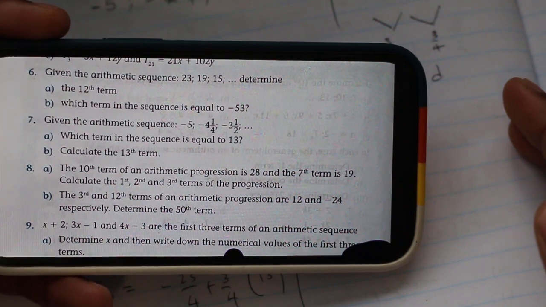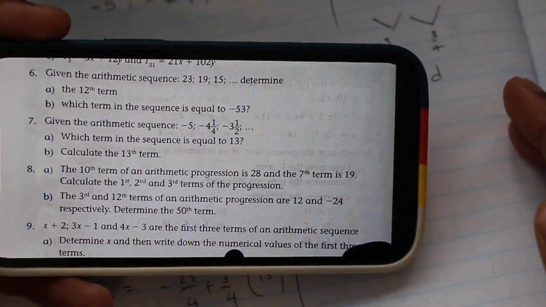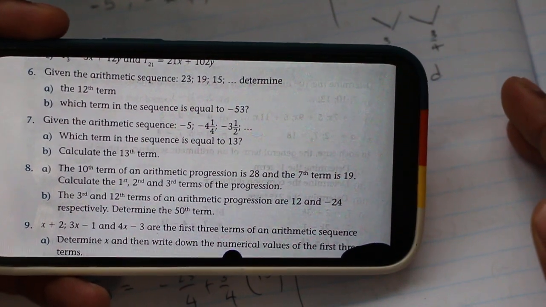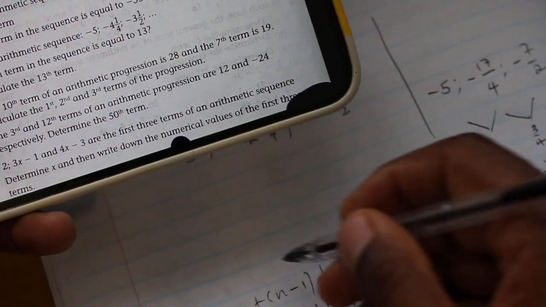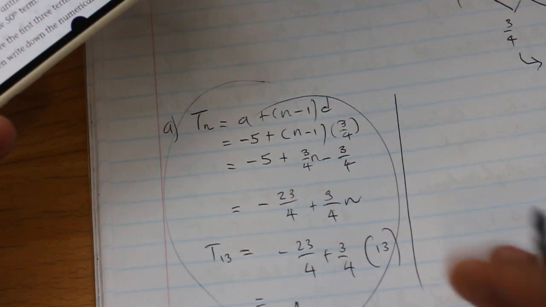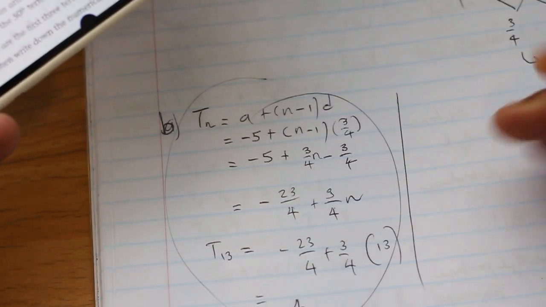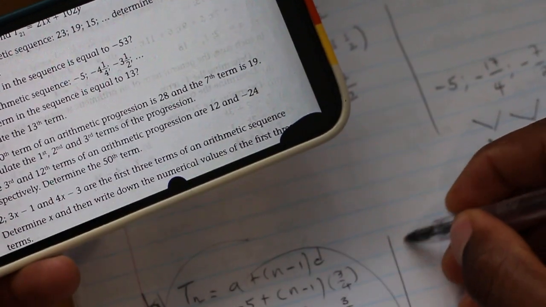The position. So the 13th term is basically what we've just calculated here. So this answer here is for question B. So let's just write B. Yes, that was just a minor mistake there. So let's go back to A.